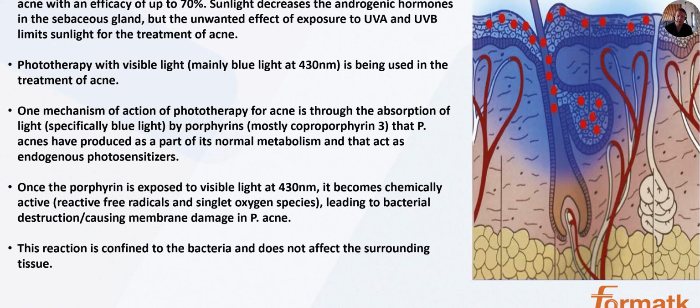One of the mechanisms of action of phototherapy for acne is the absorption of light, specifically blue light, by the porphyrins, mostly coproporphyrin, that P. acne produces as part of its normal metabolism, which act as endogenous photosensitizers. If I need to explain it better, the P. acne that lies inside the hair follicle, we are using its own mechanism against it.